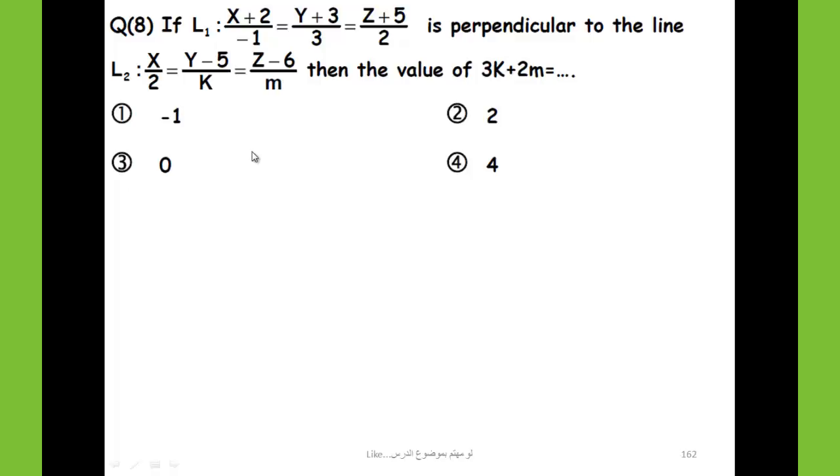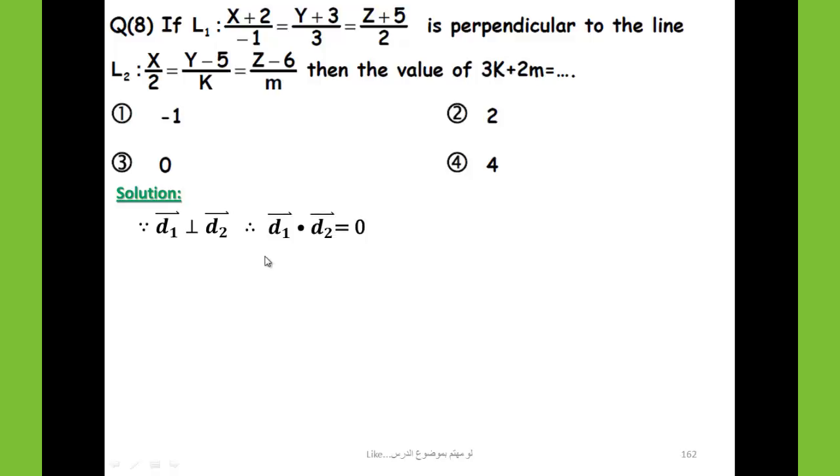So we have L1 perpendicular to L2. It means the direction vectors D1 and D2 are also perpendicular. The direction vector D1 for the straight line 1 is perpendicular to the direction vector of L2.